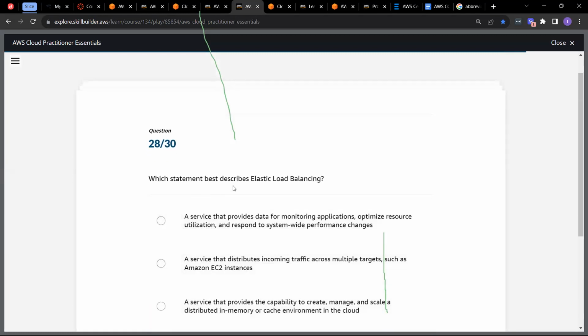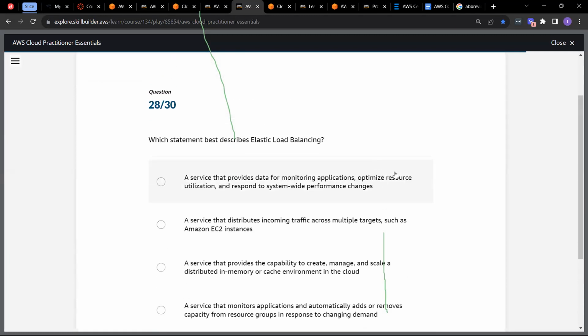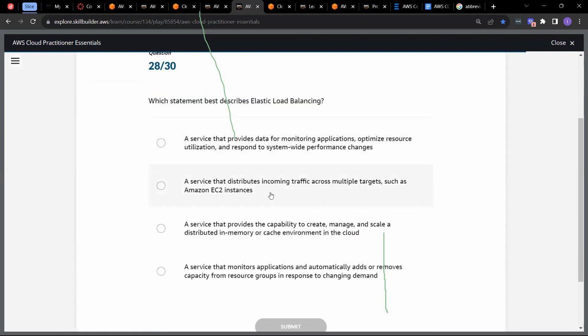So which statement best describes elastic load balancing? Another one: the service that provides data for monitoring applications, optimize resource. A service that distributes incoming traffic across multiple targets, such as Amazon EC2 instances.